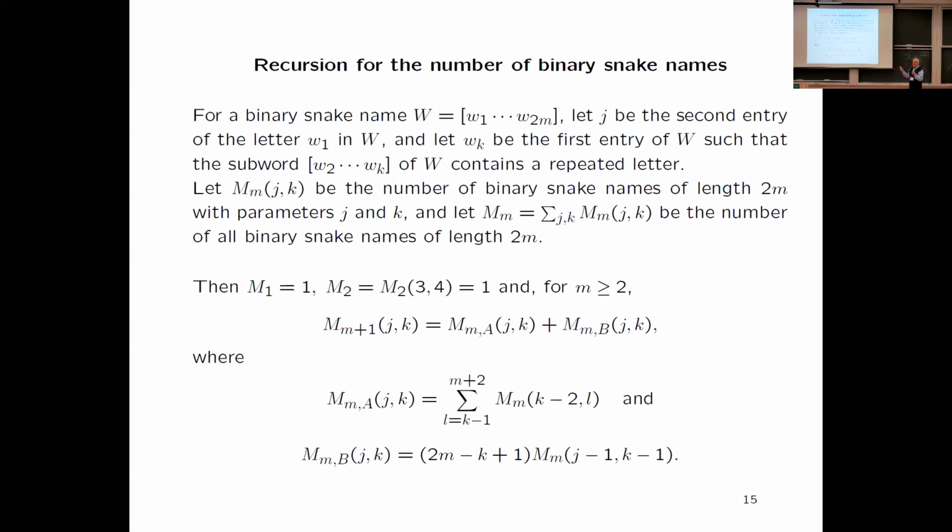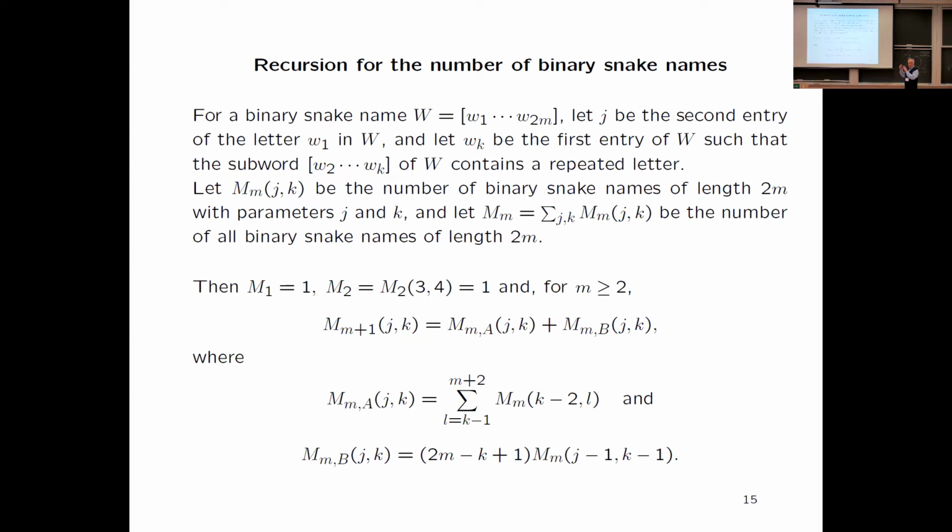And then there is an essential difference between the interval between the first letter and the second entry of the first letter, and everything beyond. So these are two different ways to extend our snakes to have an extra letter, in the beginning or not in the beginning, and that gives you a recursion in the number of snakes.